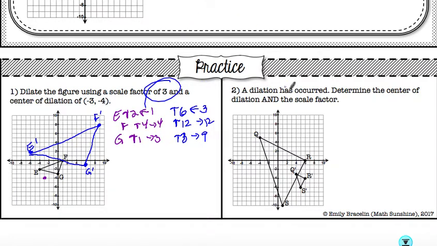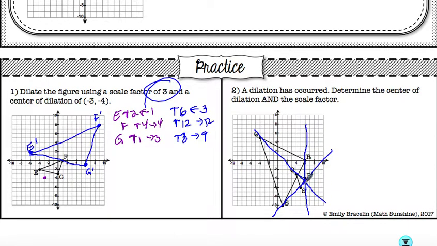So I'm going to go ahead and not use my ruler since this picture is quite small. I'm going to try my best to connect the dots freehand. Let's try that again. Okay, Q prime, and then R and R prime, and S prime.